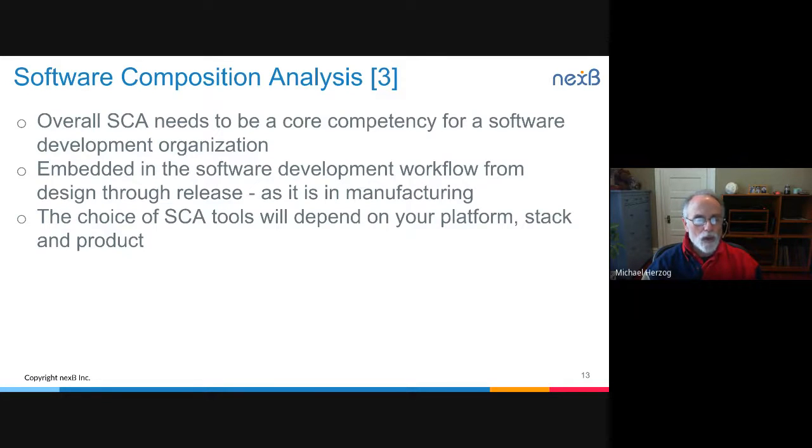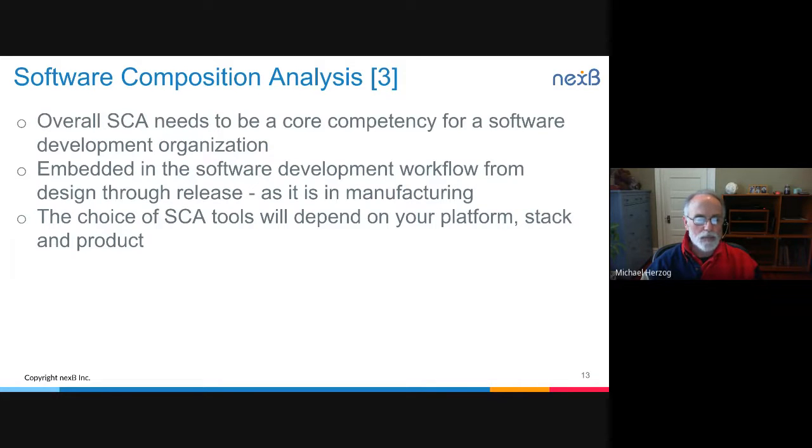So we're getting to a point where this type of analysis needs to be a core competency for any organization. There are, of course, individual projects where people are developing software all by themselves, single solo developer, but it's so rare. And even then, sometimes those people are building packages that are used downstream and can cause problems there.